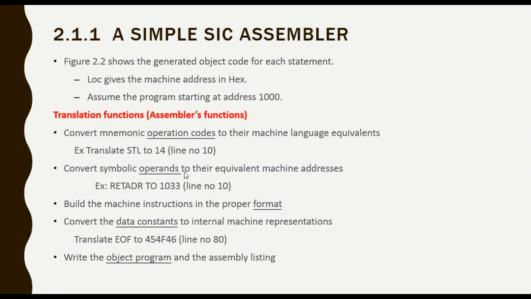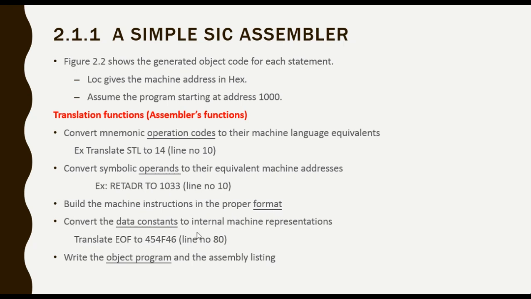Then convert symbolic operands to their equivalent machine addresses. The symbols used in your program will be converted into addresses. For example, for the return address RETADR, its location address is 1033, so that will be converted. Then build the machine instruction in the proper format. It has its format: header, text, and end record.